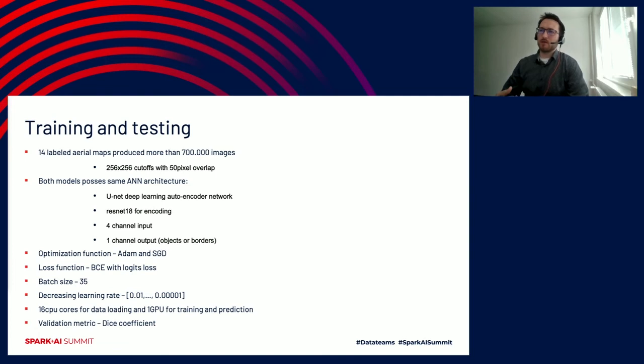As I said previously, both models possess the same architecture, so they were U-Net models with ResNet 18 encoding. For the optimization function, for the majority of epochs, Adam was used.